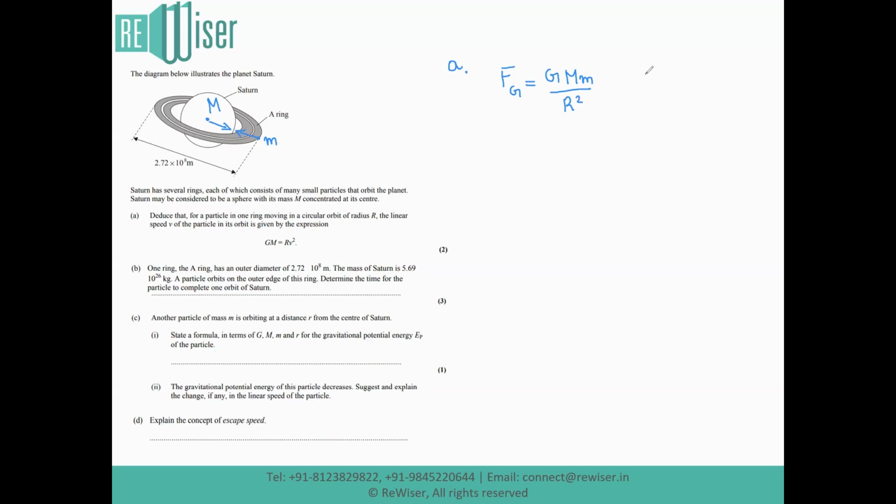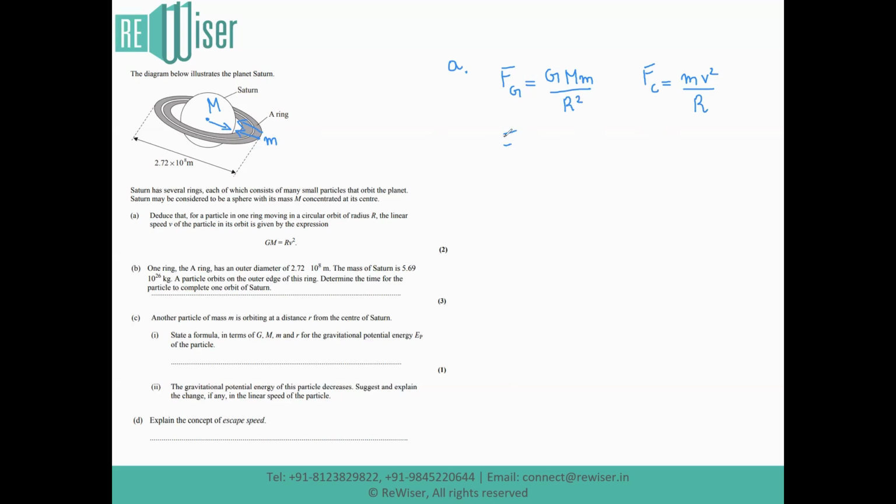For a body in circular motion, the centripetal force is given by the formula m v² over R, where v is the velocity of the particle in circular motion. Centripetal force is directed towards the center, and in this specific case, the gravitational force acts as the centripetal force, keeping the body of mass m in circular motion.